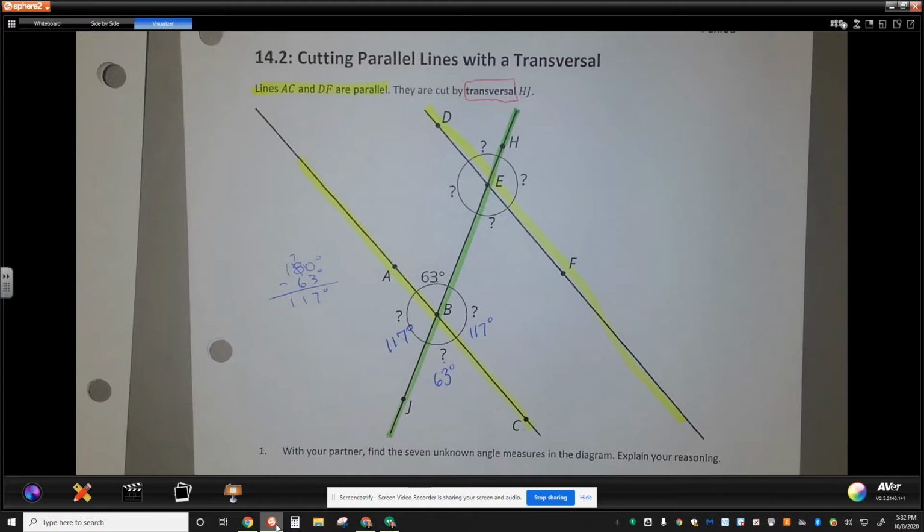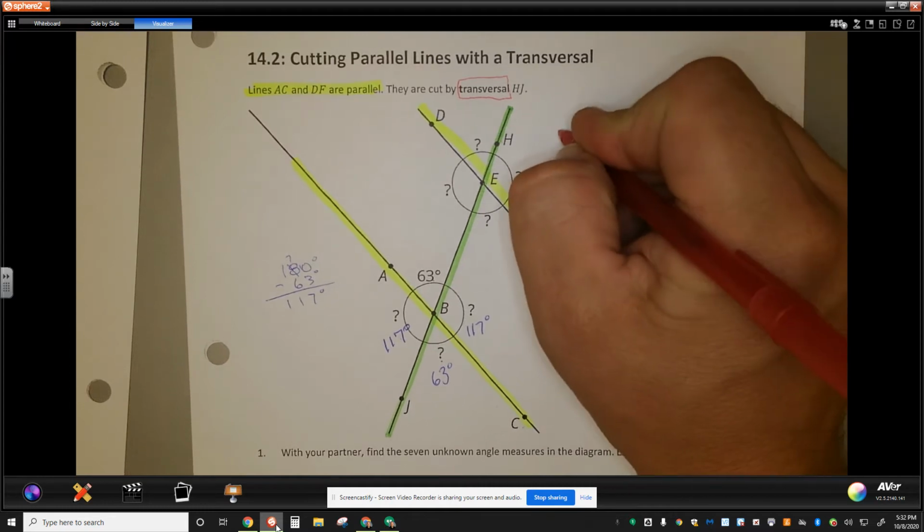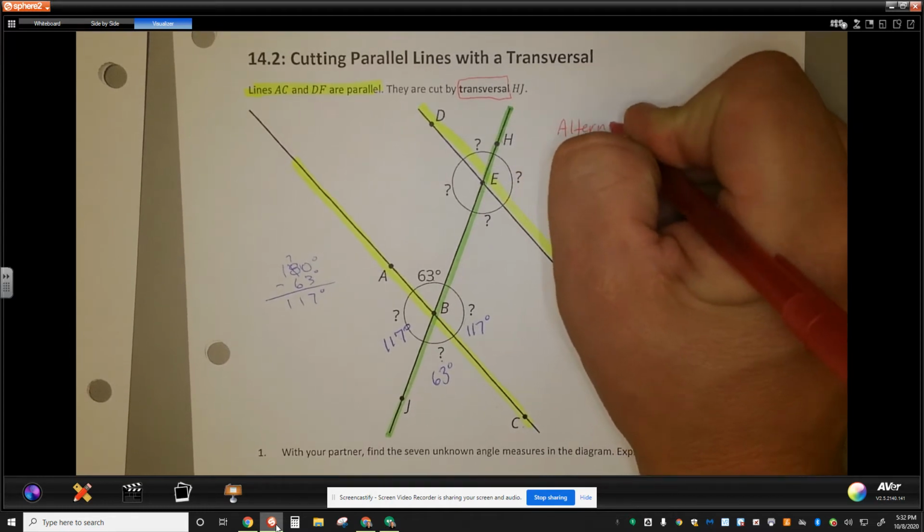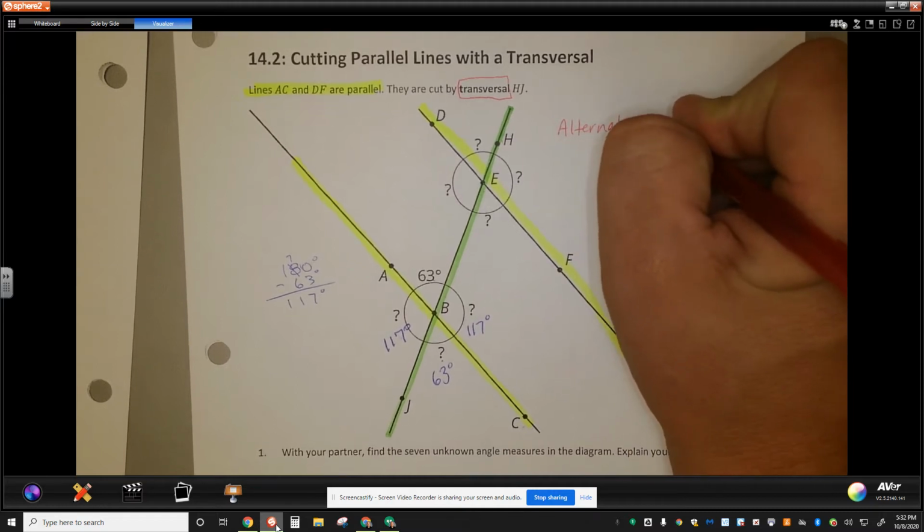But we have a new vocabulary term to help us know exactly how to describe the relationships here. The vocabulary term that we're going to use is alternate interior angles. As we talk about alternate interior, let's break down what that means.